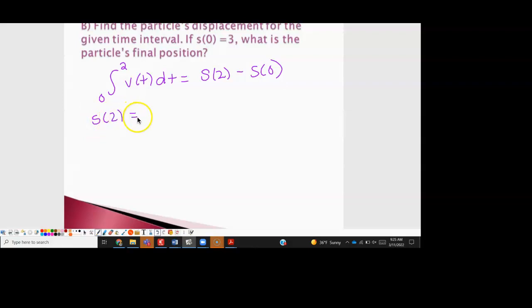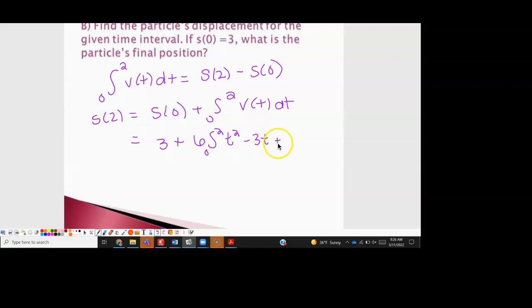Manipulating that, s of 2 is s of 0 plus the integral from 0 to 2 of v of t dt, which is 3 plus that integral. Which again, you could pull out the 6 and integrate t squared minus 3t plus 2 dt.